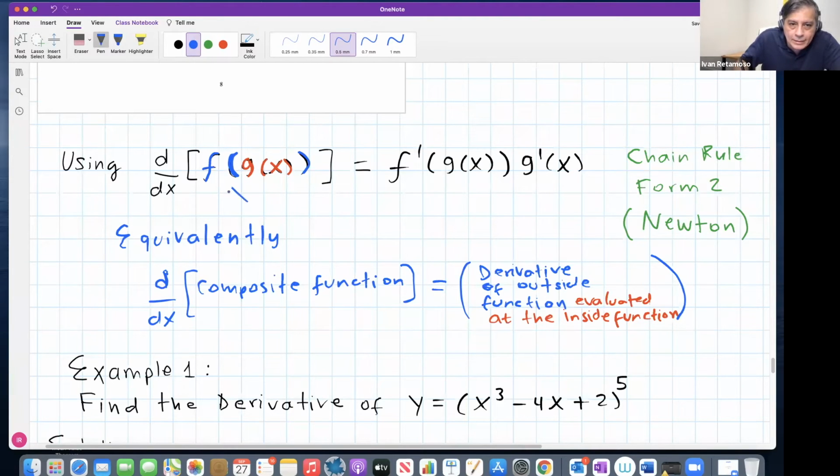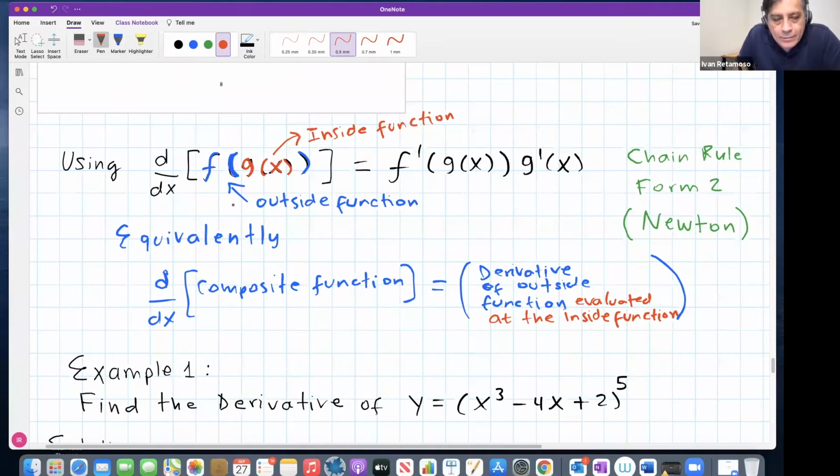For you to see it clearly, outside function f, and remember that u, that's the inside function. It will be always clear what's the inside function, what's the outside function. I will show you how to identify it.